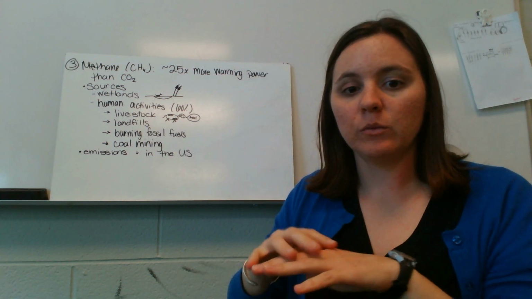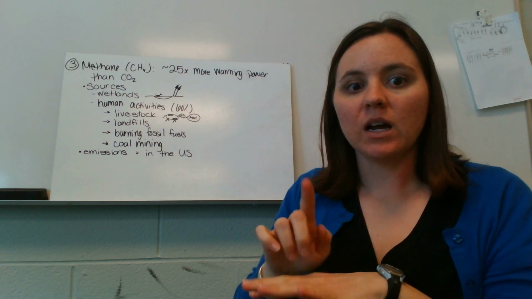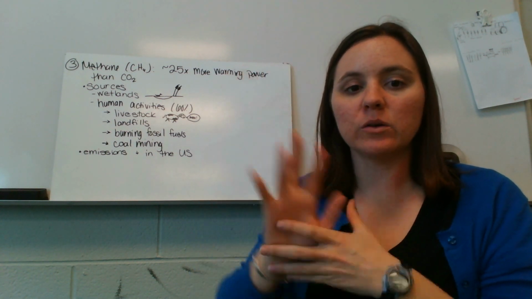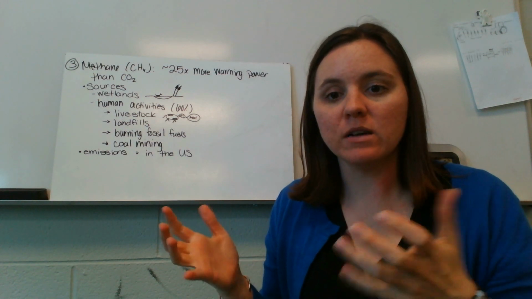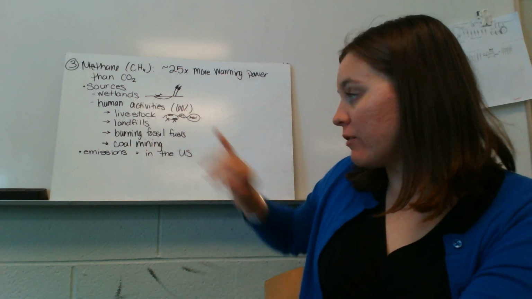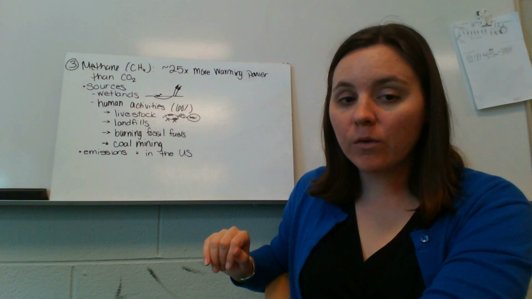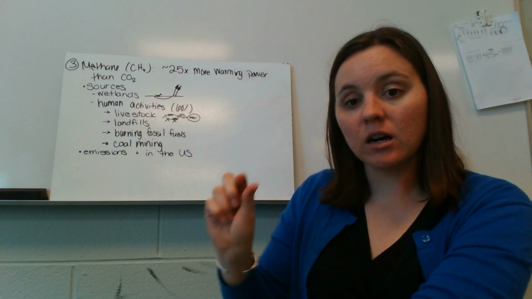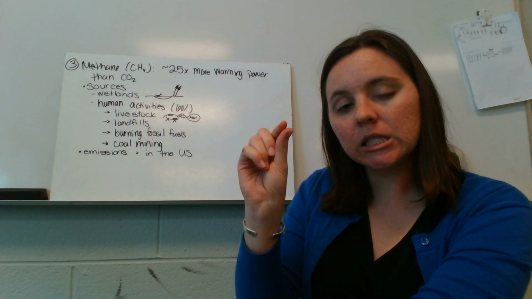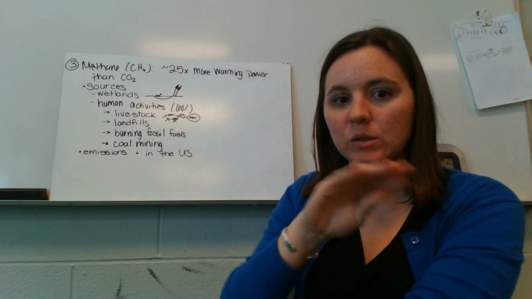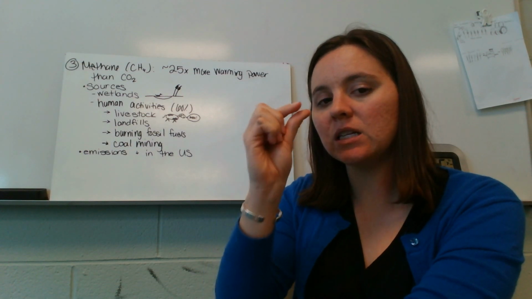Remember, once the garbage starts decomposing, the methane kind of leaks out the top and they have to release it or else it'll explode the whole landfill. Burning fossil fuels and coal mining. And overall, methane emissions in the United States are decreasing a teeny weeny bit. Not a very significant amount, so they're kind of holding steady, but maybe decreasing a teeny weeny bit.